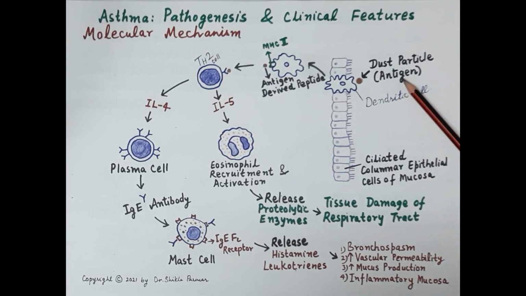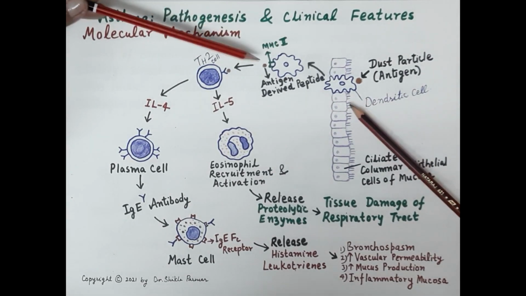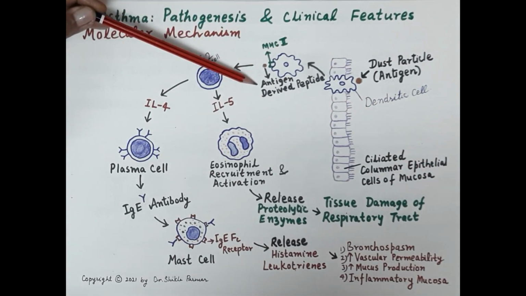Now, because of the hypersensitivity of the respiratory tract, this antigen, that is a dust particle, triggers an allergic response. Now, the antigen comes in contact with the dendritic cell. Dendritic cells are the most potent antigen presenting cells of the immune system. Dendritic cells process the antigen, and processing of the antigen results in the production of antigen derived peptide.